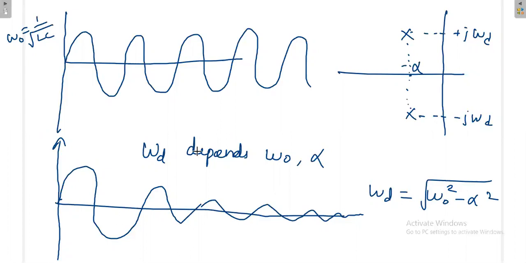Once you have complex conjugate roots, but the real part of the roots is negative, then what is the response?